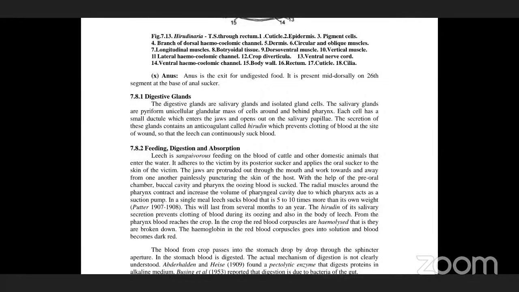Then each cell has a small ductule which enters the jaw and opens out of the salivary papillae. And the secretion of these glands contains anticoagulant called hirudin. So this prevents the clotting of the blood from the wound. So therefore it can suck the blood continuously.